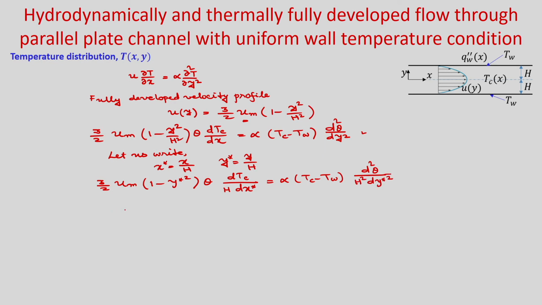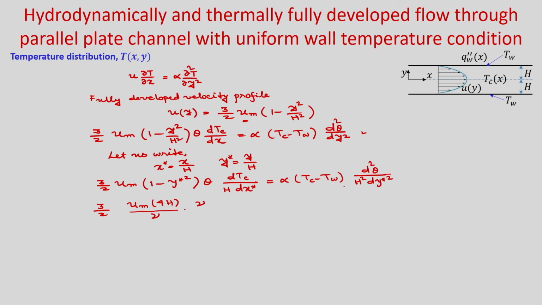If you rearrange it, you can write 3/2 u_m, I will write 4h, because we will define the Reynolds number based on the hydraulic diameter. In this case the hydraulic diameter is 4h, divided by ν.